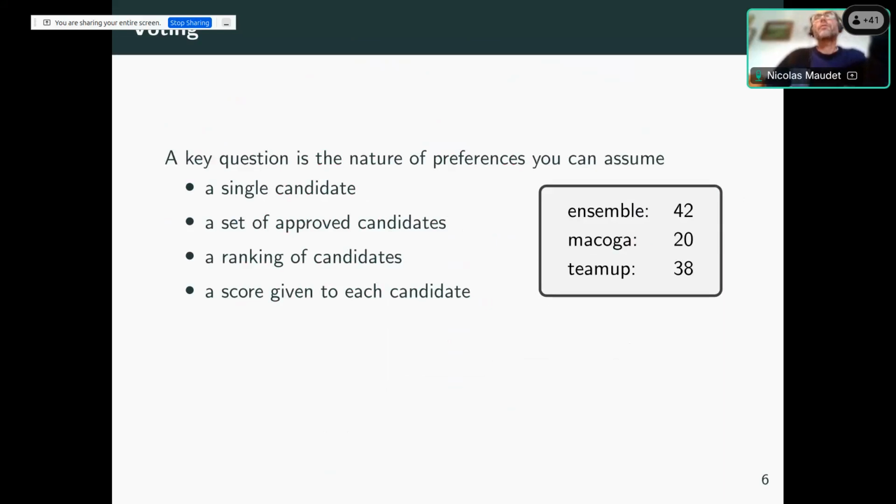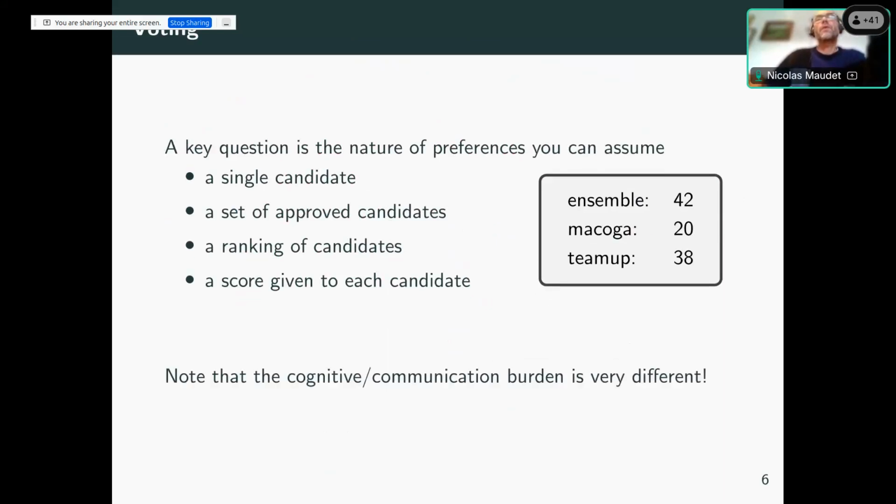Of course, you can already see that they have different cognitive and communication requirements. For some of them, you just give a name. For others, you have to rank the different options, and if you have many options, that can be quite cognitively difficult.